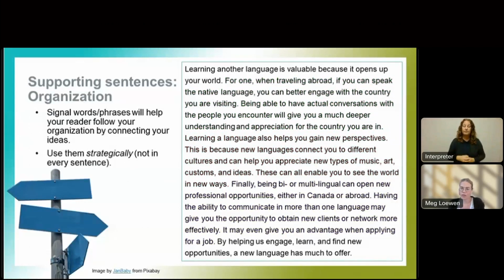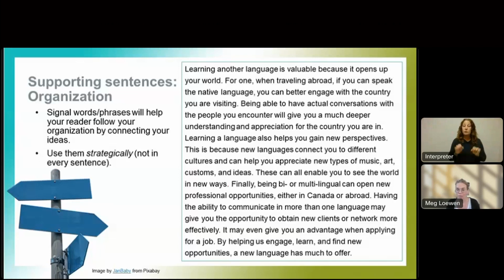The other thing that you can do to ensure that your reader can follow your ideas is use signal words or phrases. These are also called transitions or transition phrases. They are little signals to your reader about how your ideas are connected to each other.